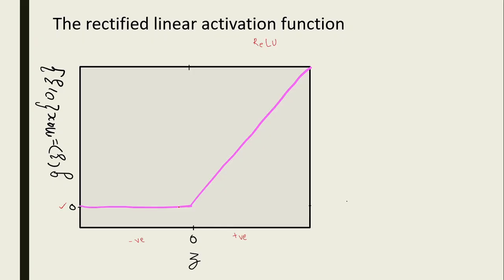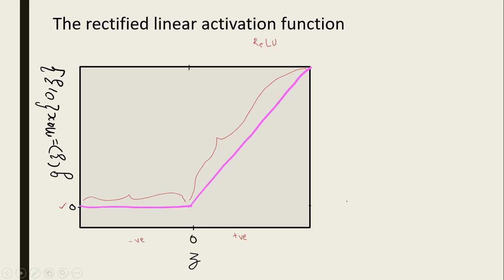So when we consider this rectified linear activation function, it has clearly two parts. When we take them separately, they are linear. This part is linear, and the second half is also linear, but when we take them together, they are not linear. They have a non-linear feature.